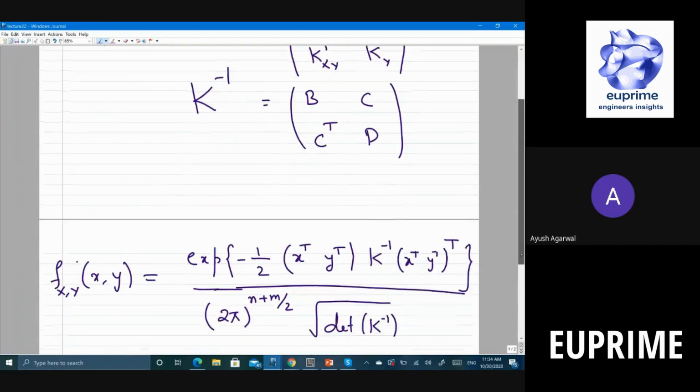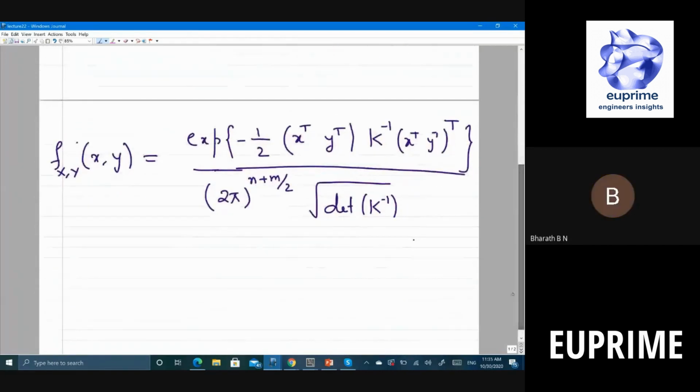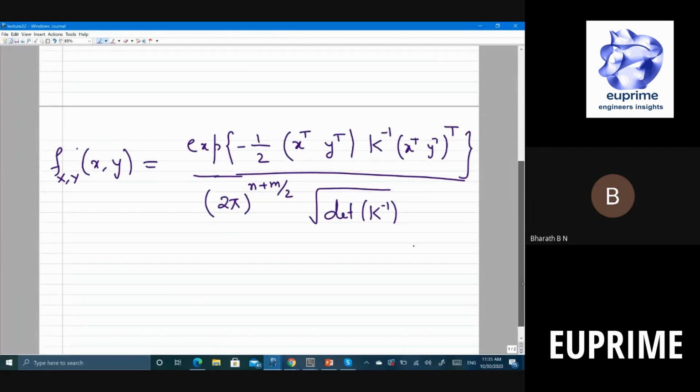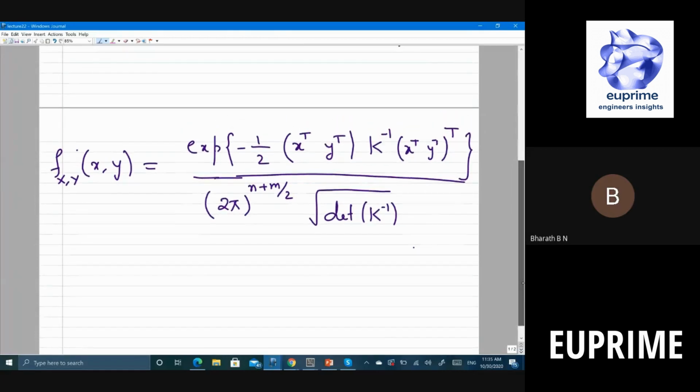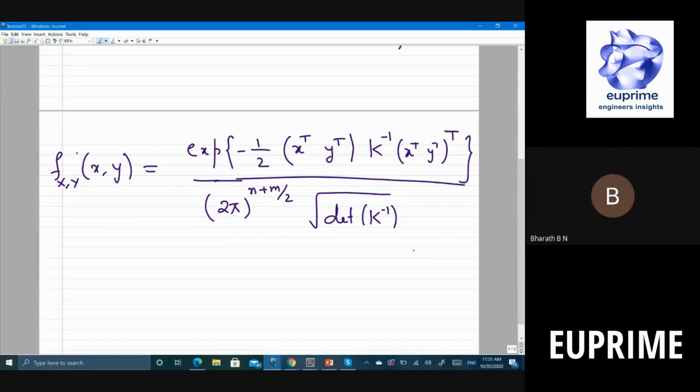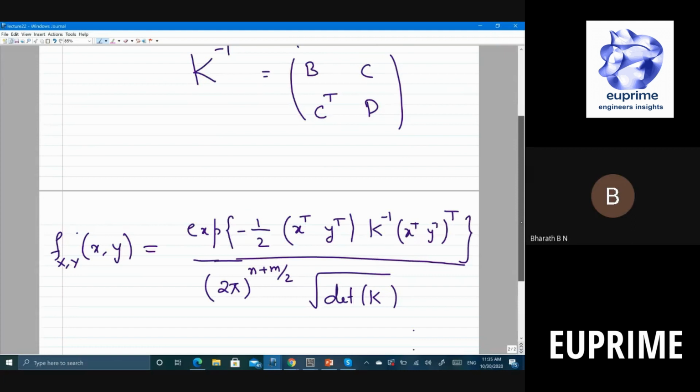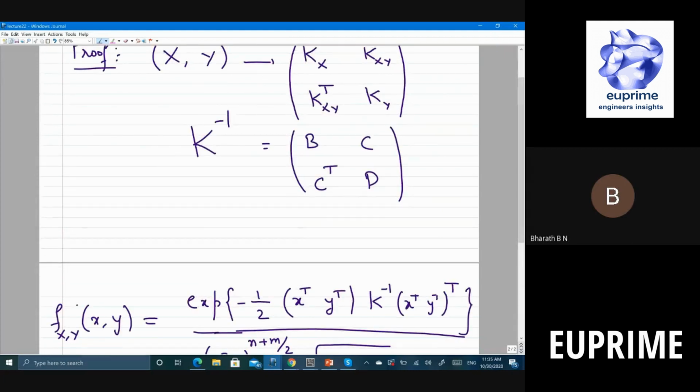Determinant of K inverse should not be there. Determinant of K, that's correct. So I'll write K inverse as B, C, C transpose, D.